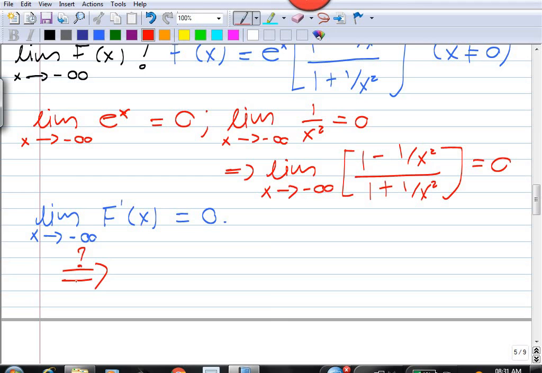What conclusion can we draw from the fact that the derivative goes to 0 as x goes to minus infinity? Well, this may seem to suggest that the limit as x goes to minus infinity of f is some finite real number L. In other words, f has an asymptote. Is this true?